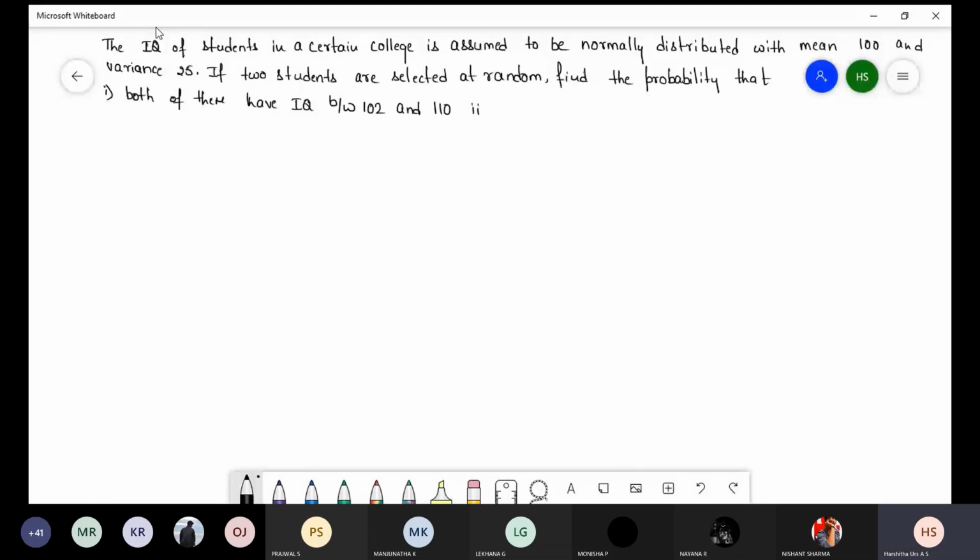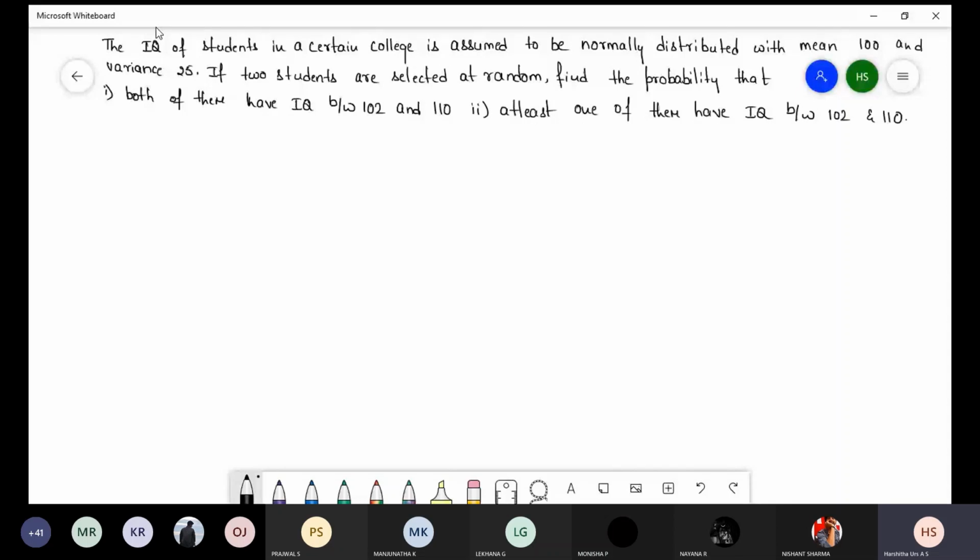Second one, at least one of them has IQ between 102 and 110.